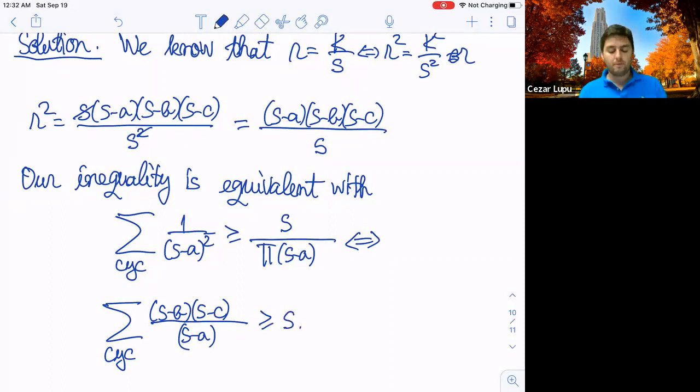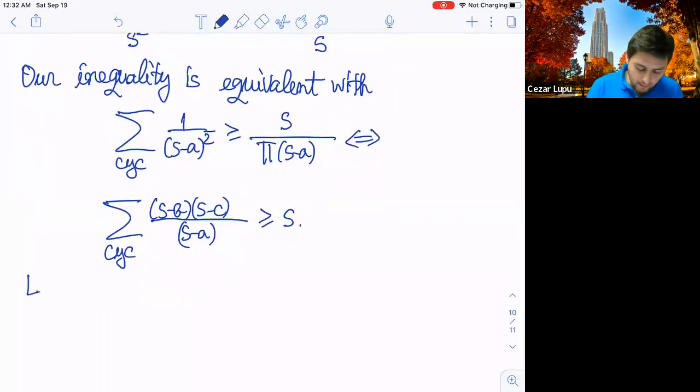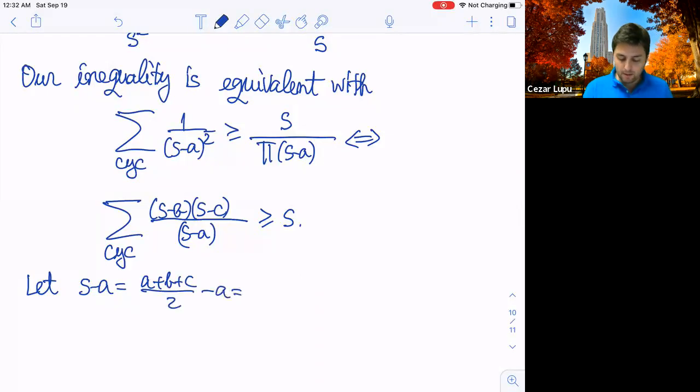And now guess what? Let's do the following substitution. Let me do the computation: S minus A is (A plus B plus C) over 2 minus A, so this would be (B plus C minus A) over 2.